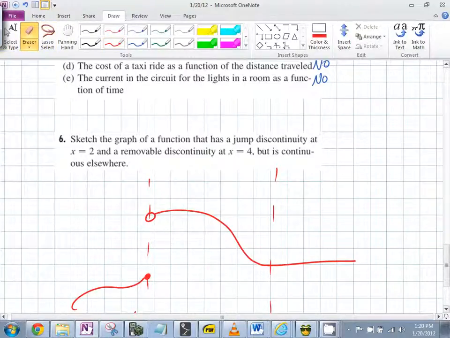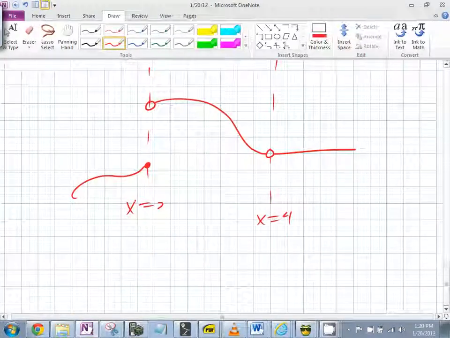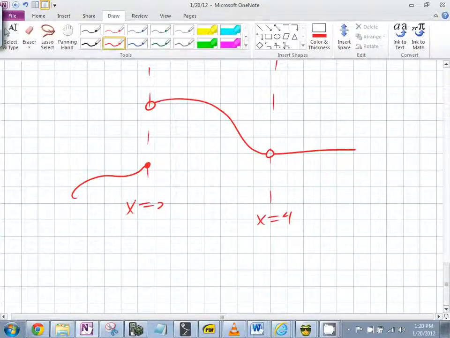What do I need to add to make this continuous everywhere else? An arrow. Yeah, and this goes like that, and it doesn't go straight down, sorry. There it goes. There's a jump discontinuity and a removable discontinuity. Make sense? Cool.